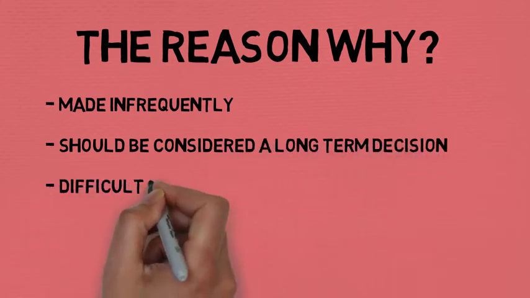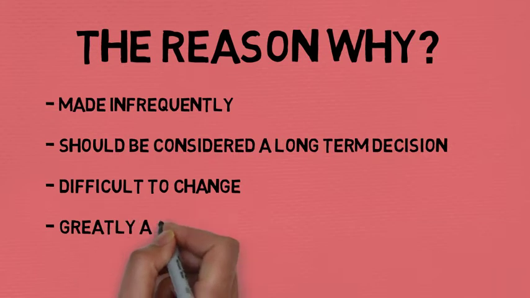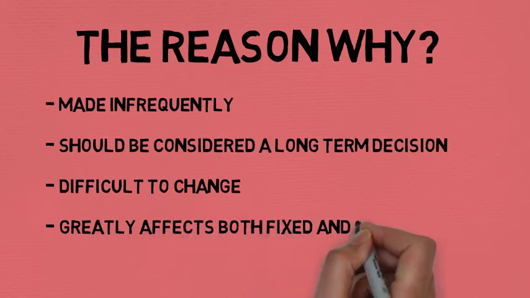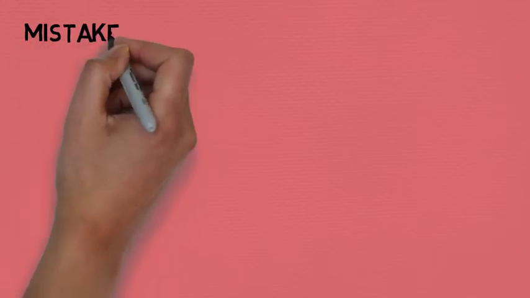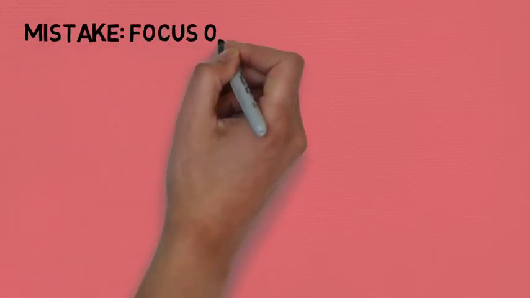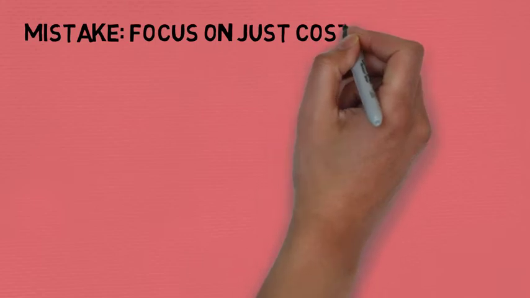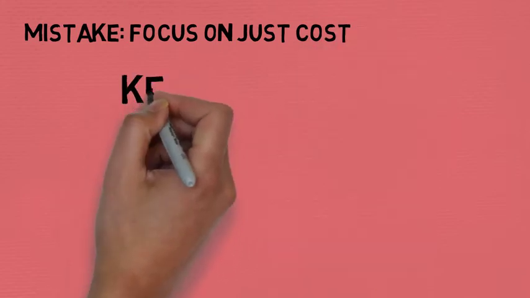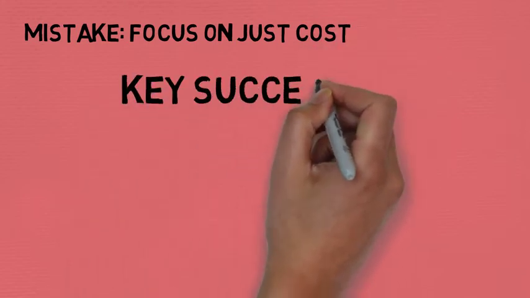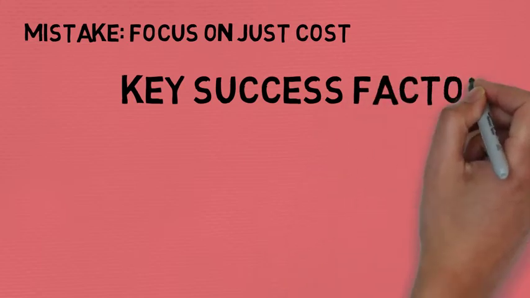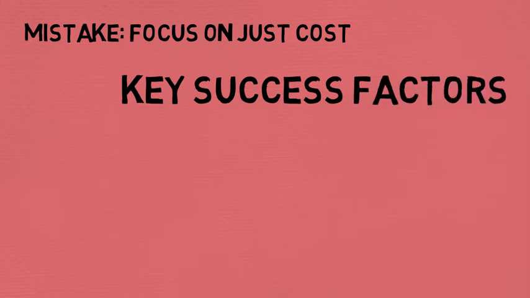Once this decision is made, it is difficult to change and greatly affects both fixed and variable costs of the organization. Many organizations make the mistake of making a facility location decision only based on cost constraints. However, it would be advantageous for organizations to focus on a myriad of different key success factors, especially when making a facility location decision for a strategic competitive priority other than cost.